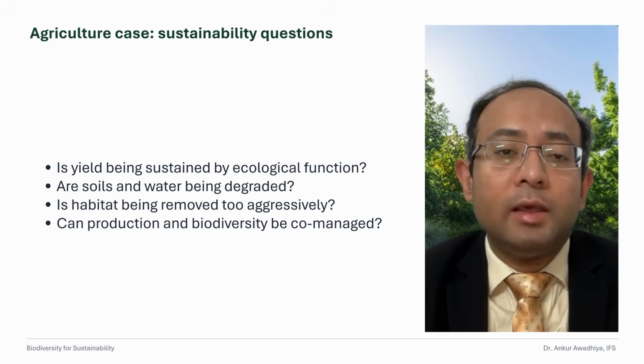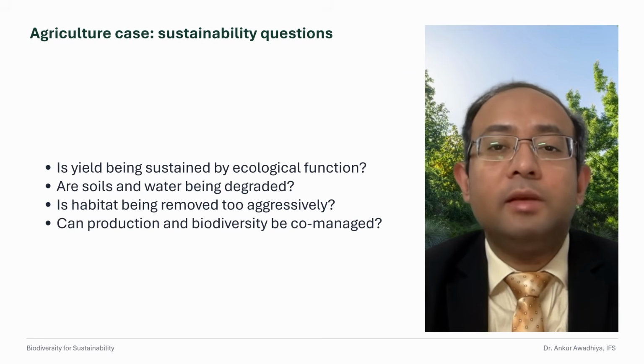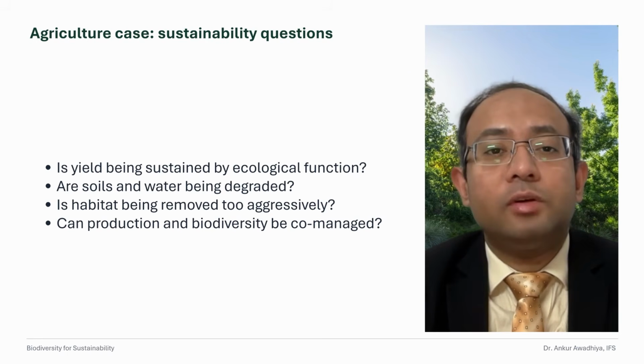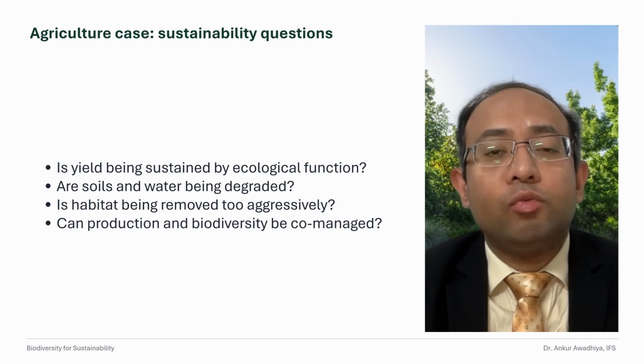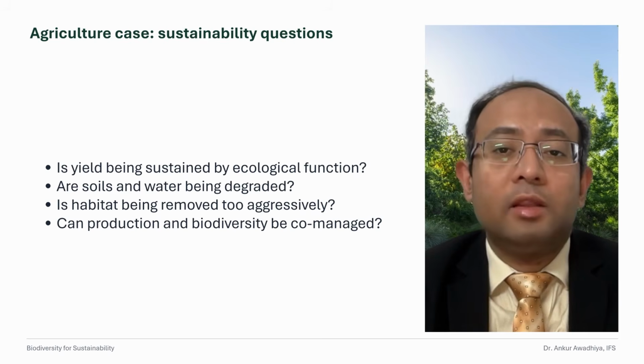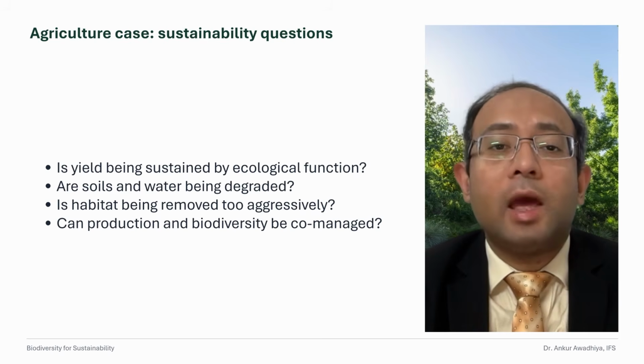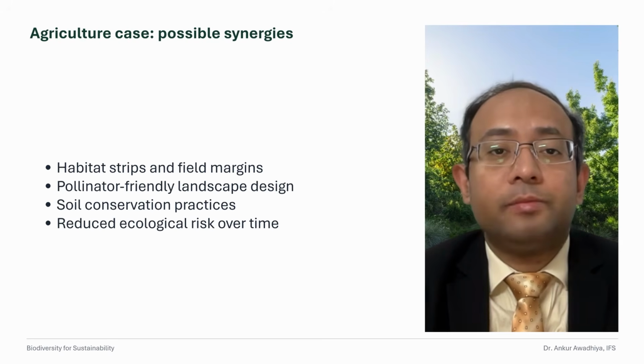And more broadly, is current output being sustained by ecological function or by practices that are quietly undermining the future system? Sustainability analysis here requires us to look beyond the field boundary and ask what is happening to the soil, the water, the pollinators, and the people themselves who are connected to this landscape.